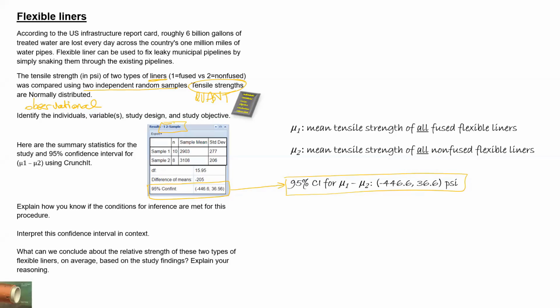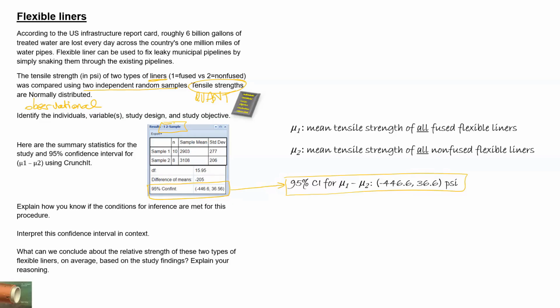That tells us that we are 95% confident that the difference between the mean tensile strength of all fused liners and all non-fused liners is somewhere within this range, possibly as extreme as negative 447 psi, or possibly as high as 37 psi. This is fundamentally inconclusive because mu1 minus mu2 could be negative.